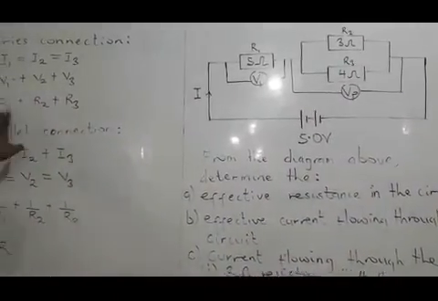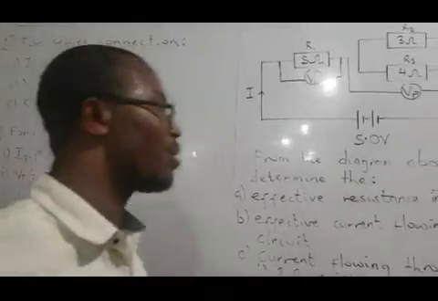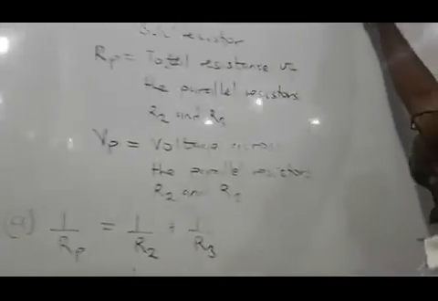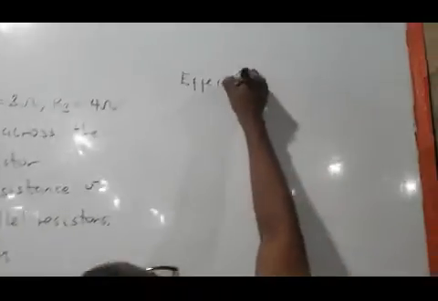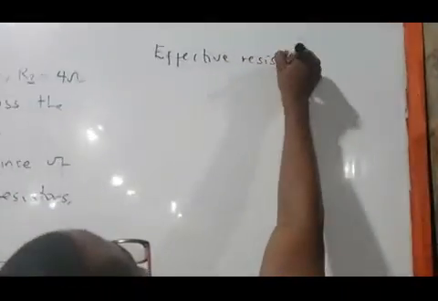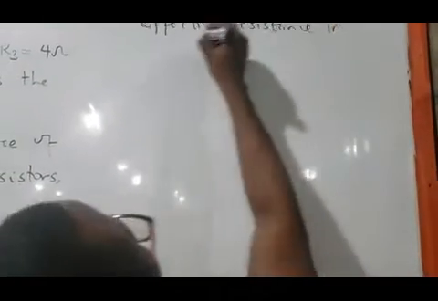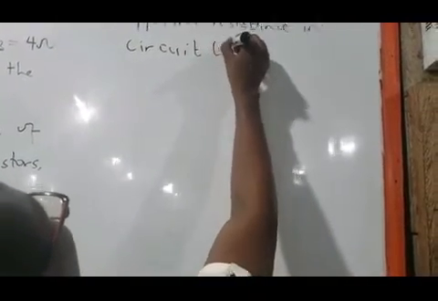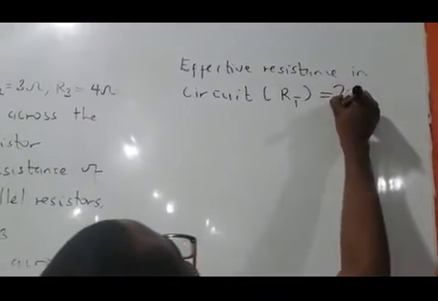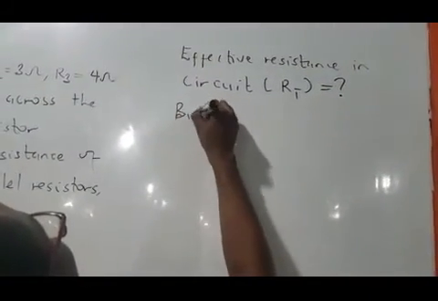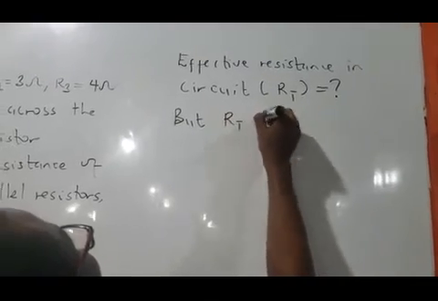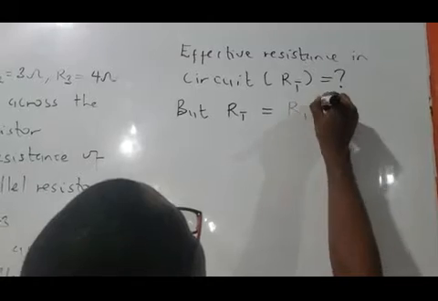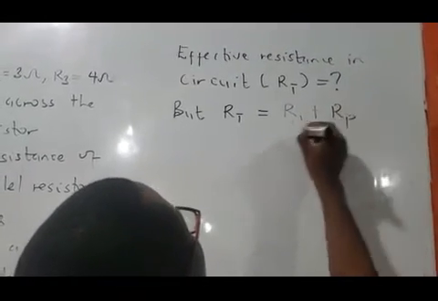So the effective resistance in the circuit, RT, is R1 plus RP.